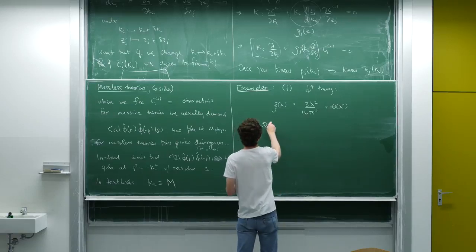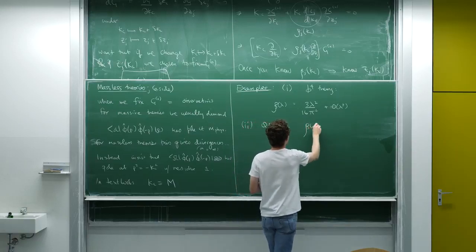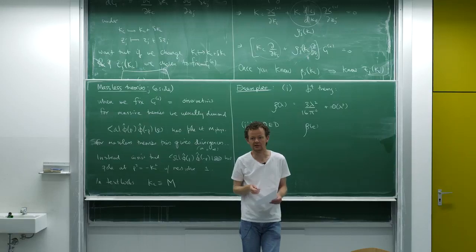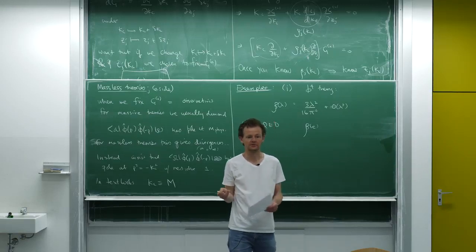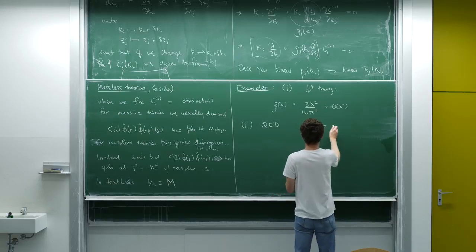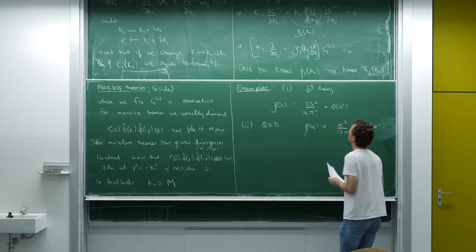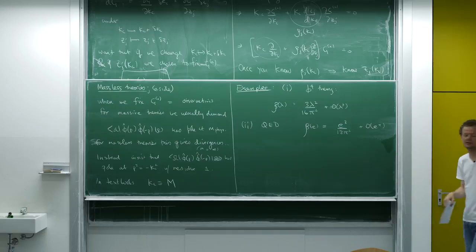Now, for quantum electrodynamics, we haven't done the calculation. Quantum electrodynamics is an abelian gauge theory. It has one coupling constant, E, the charge. And when you work it out, you get this answer.